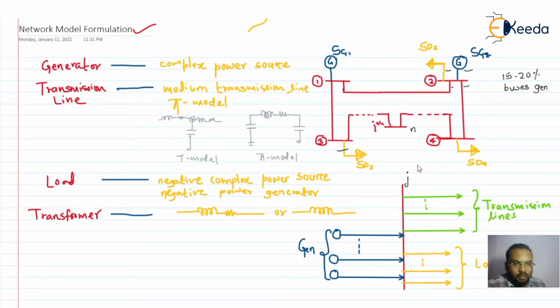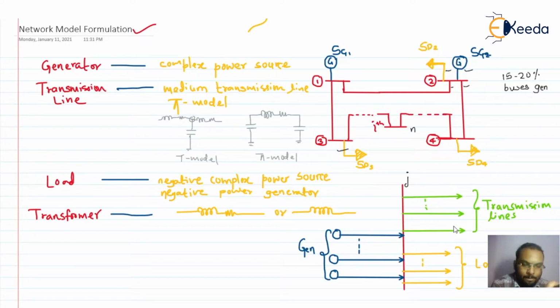Let this be the jth bus, any random bus. On this bus, suppose some number of generators are connected, some loads are connected, and of course some transmission lines are connected.